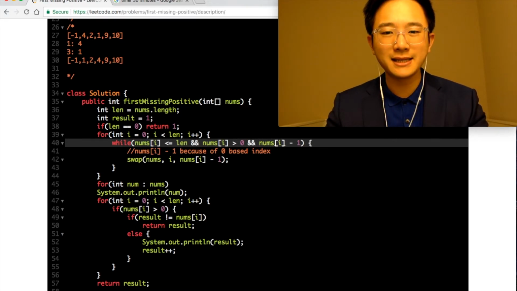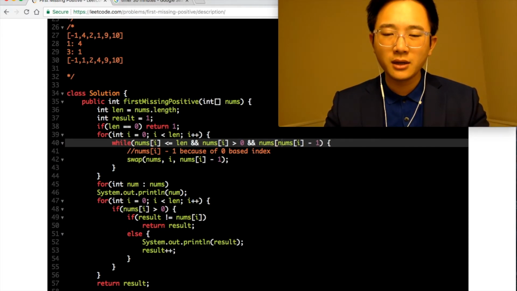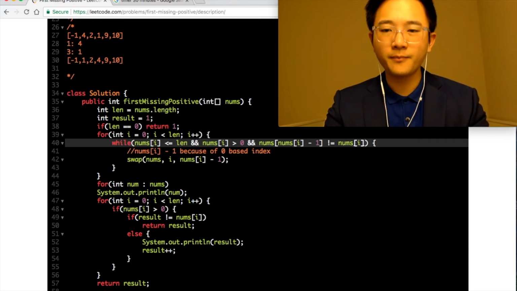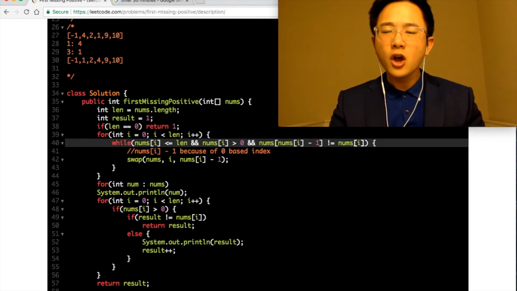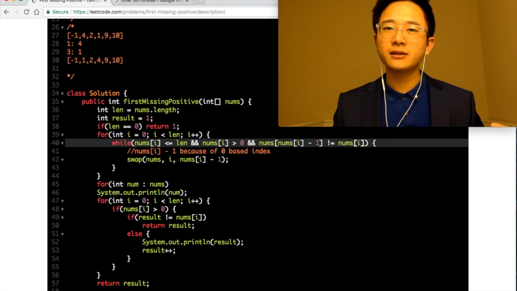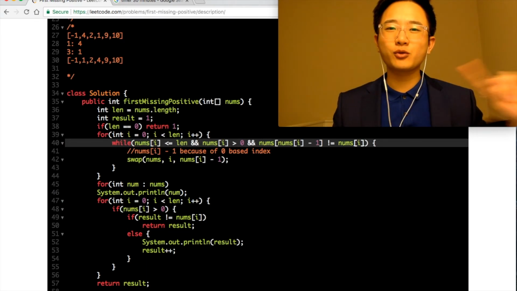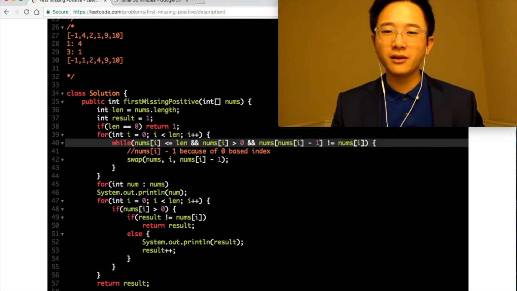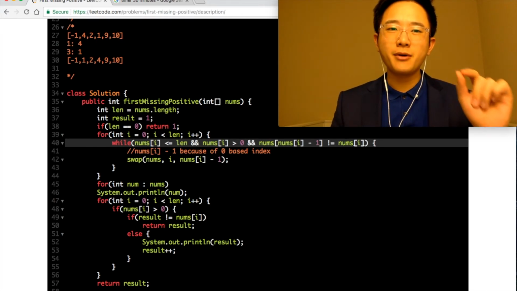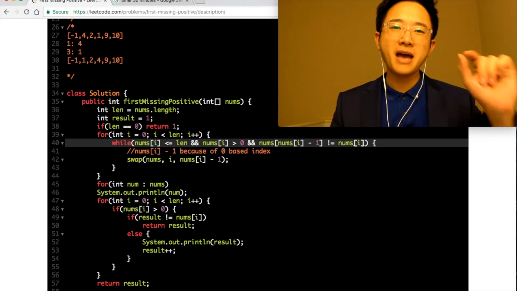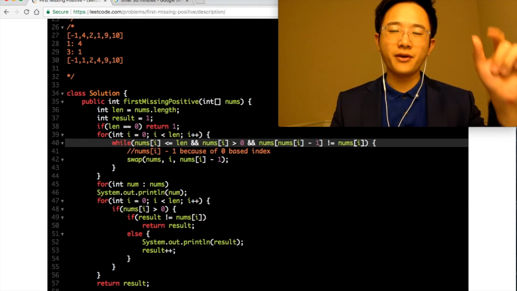It's more concise. Okay, so if numbers I is not equal to numbers I, okay, so we'll keep swapping until the number at this current position matches the value of the number.